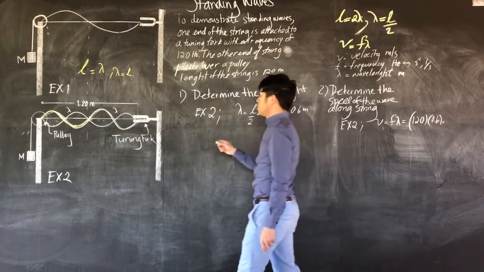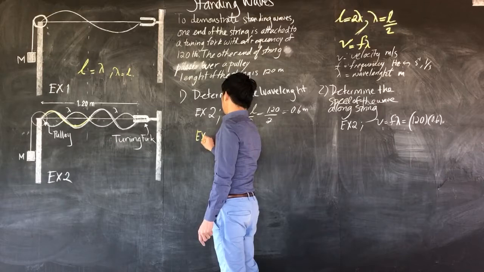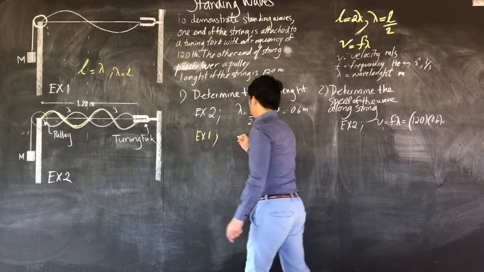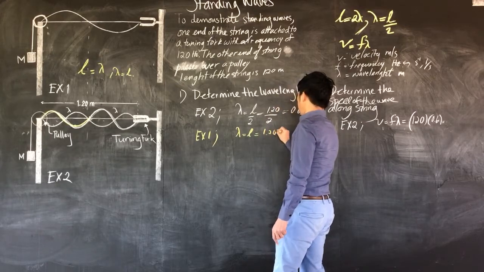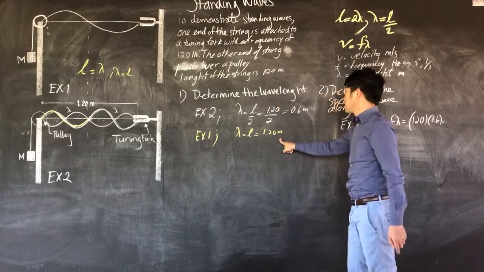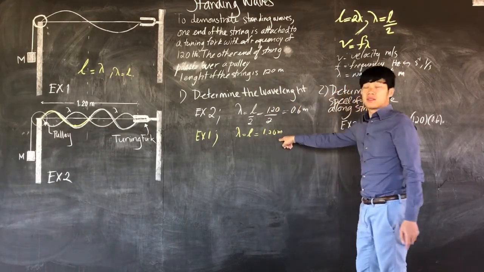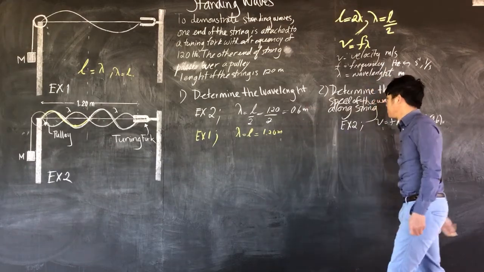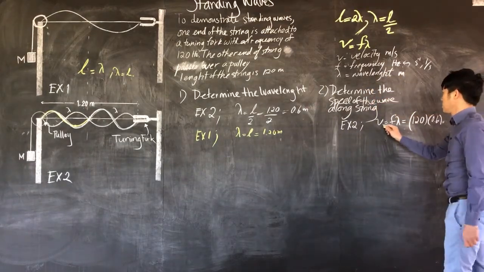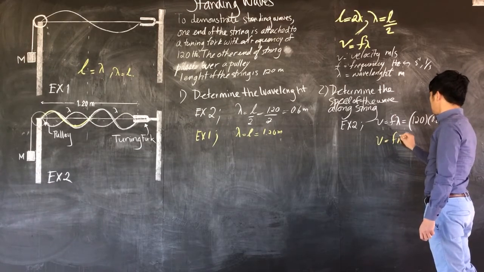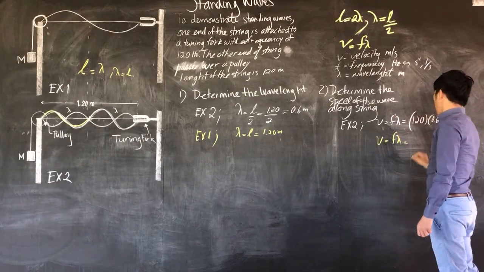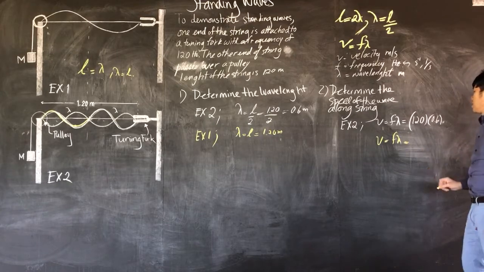So experiment 1: the wavelength is equal to L, which is 120 meters. That's your wavelength, which is a little bit longer, as you can see. Velocity is the frequency multiplied by wavelength.